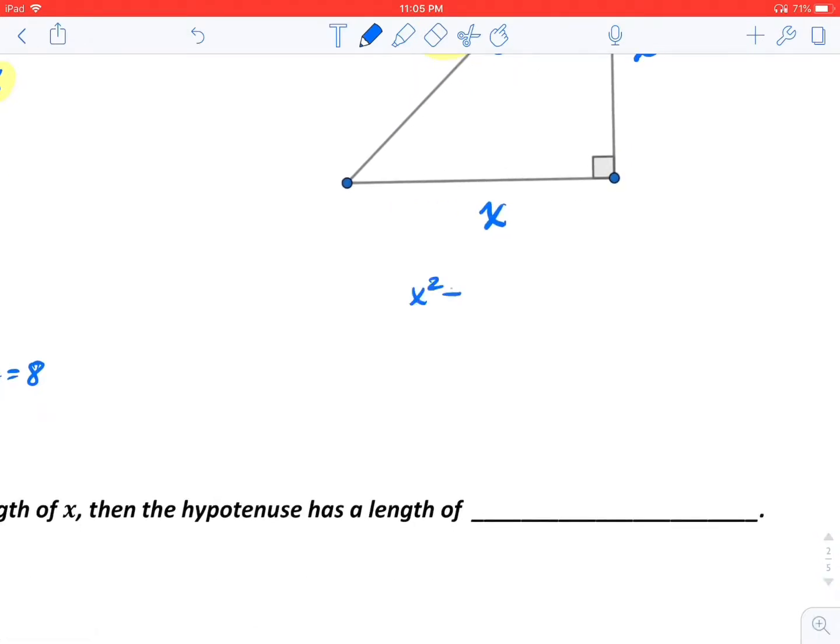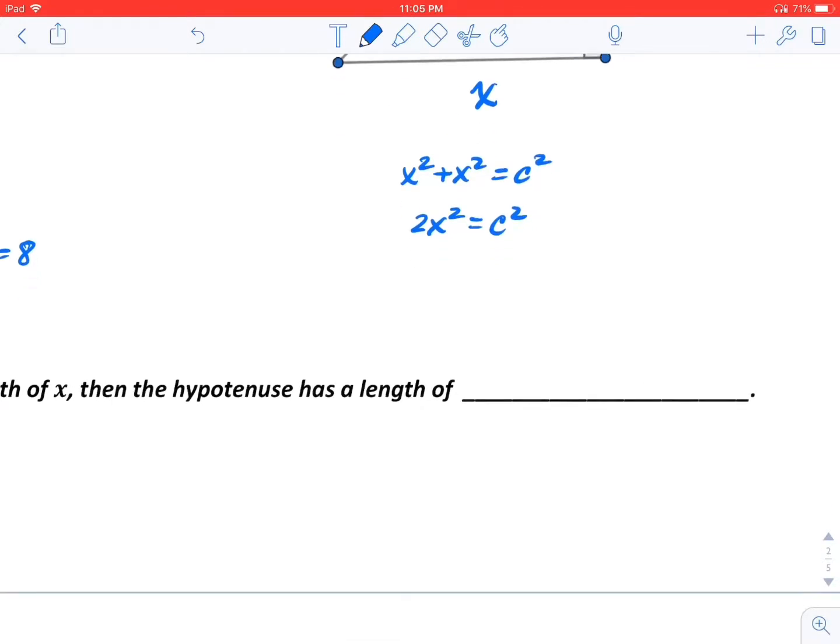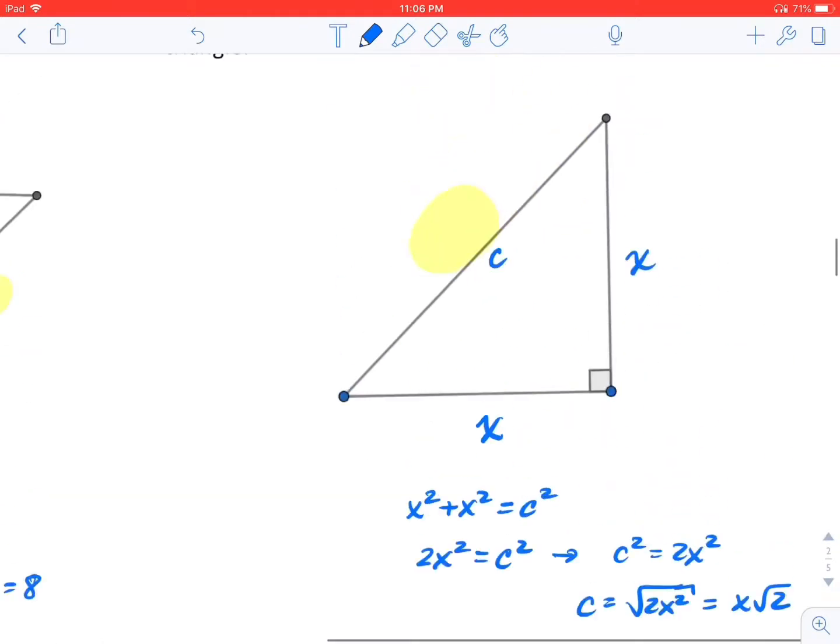So x squared plus x squared is equal to c squared. Adding those together, 2x squared is equal to c squared. If I take the square root of both sides, c is equal to the square root of 2x squared, which has two factors of x under the radical, meaning that this simplifies to x times the square root of 2.